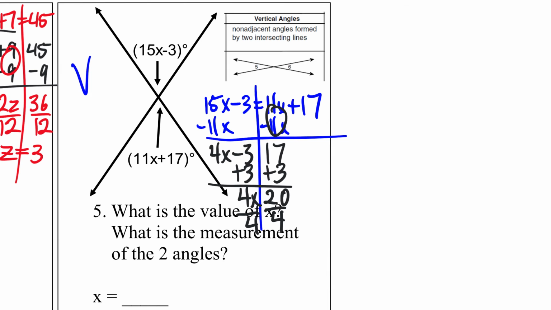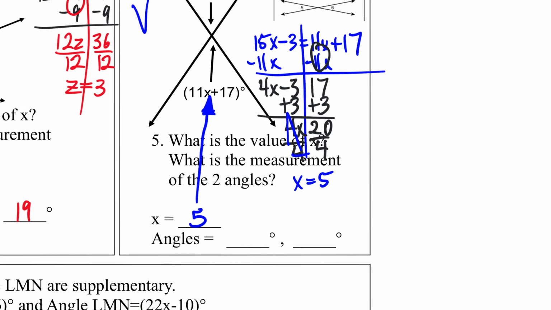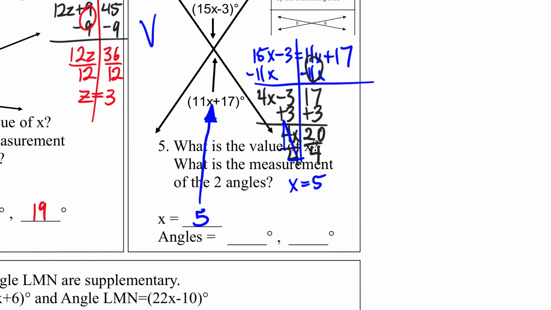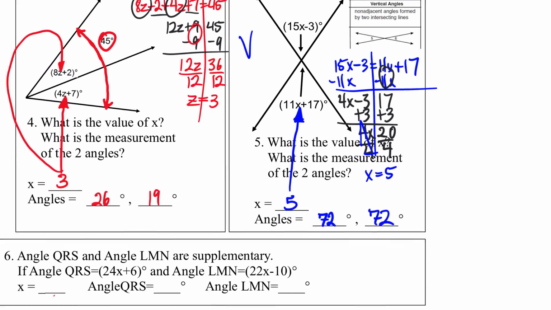Divide both sides by 4. And x equals 20 divided by 4, which is 5. And I'm going to take that 5 and plug it in here. So 11 times 5 is 55 plus 17, which is 72. And the other one, if you plug it in there, 15 times 5 is 75 minus 3 is 72.